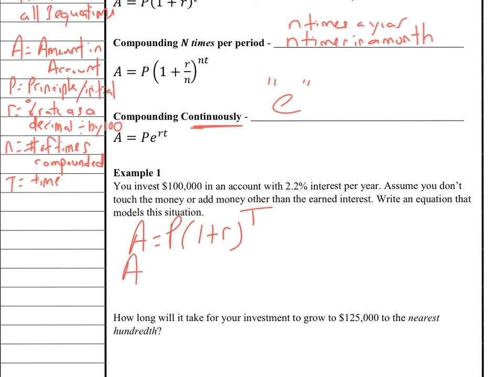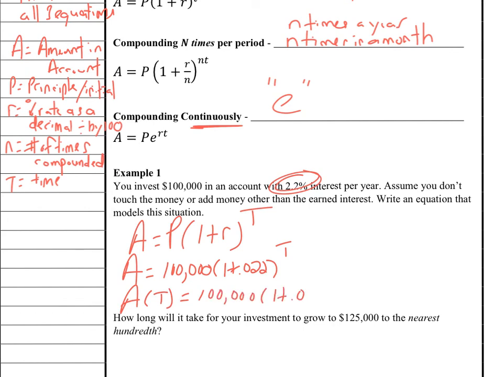So A equals the principal, which is 100,000, and we all wish we had that, times 1 plus, we have to change the percent to a decimal, 0.022, to the power t, and there is my equation. Oftentimes it's written in function notation, so it's A of t equals 100,000 times (1 plus 0.022) to the power t.